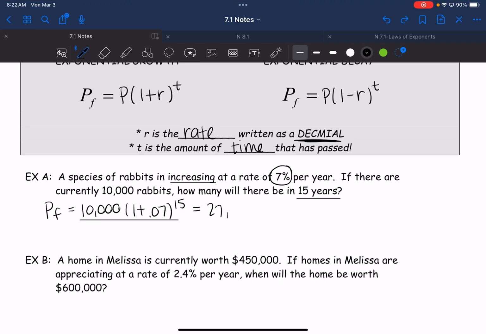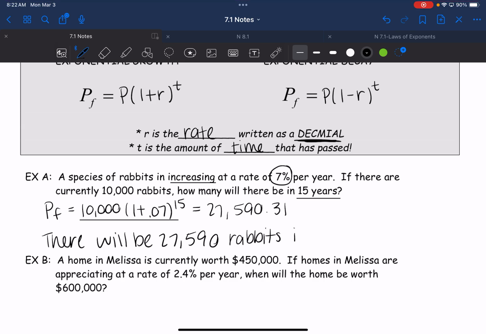Good. If we gave it as a decimal, like 0.3, 0.31, but obviously we can't have 0.3 of a rabbit, right? So we would answer this as there will be 27,590 rabbits in 15 years.